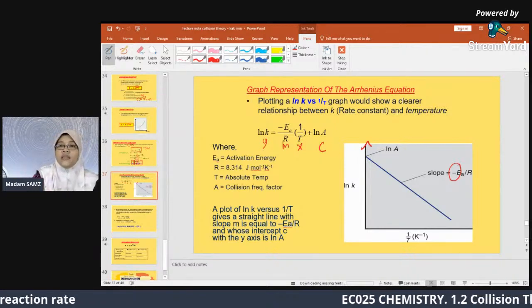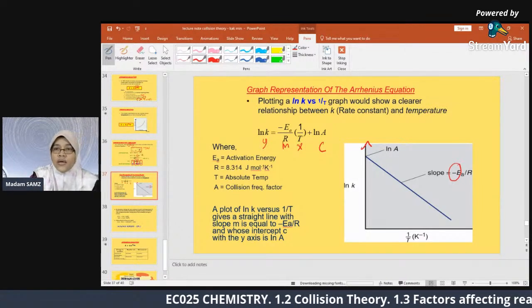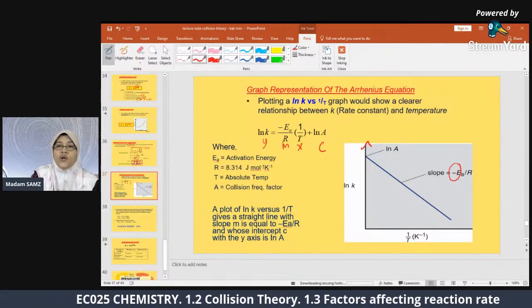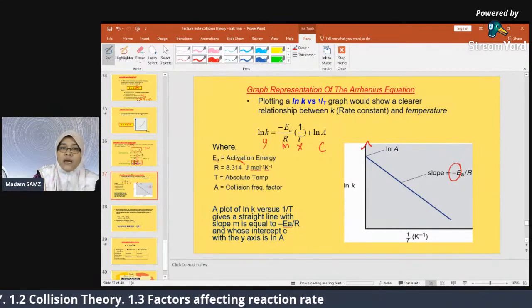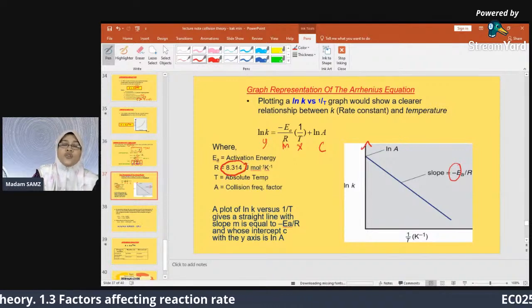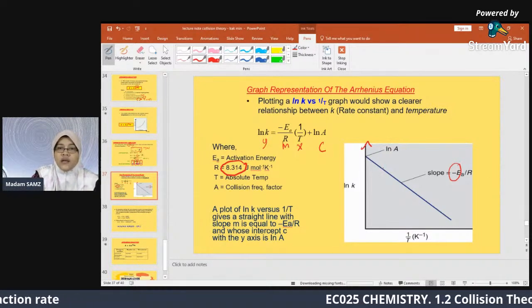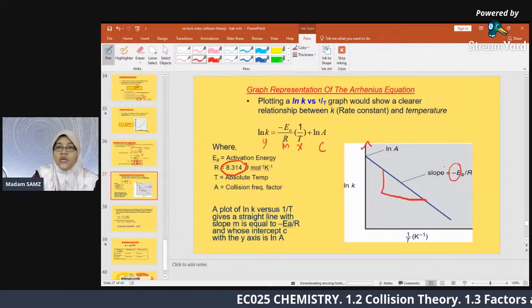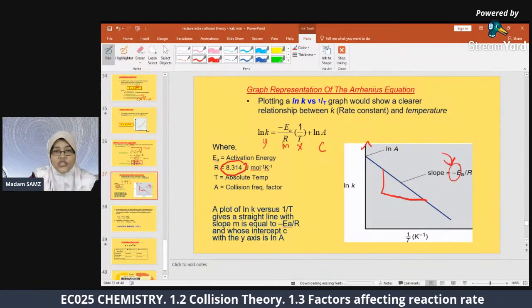Slope negatif guna y2 tolak y1, x2 tolak x1, dia punya gradient equal to Ea over R, and R is actually 8.314. So from this graph, when you plot, you get the gradient. When you get the gradient, you will calculate, you will get your activation energy.